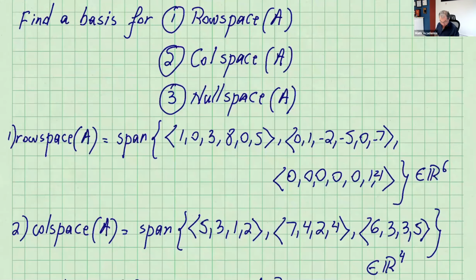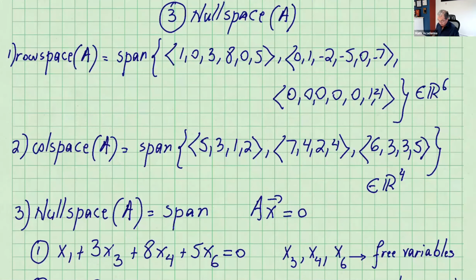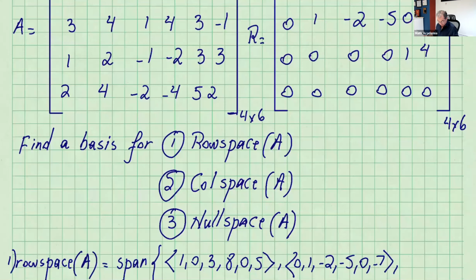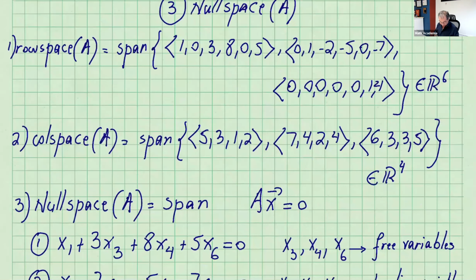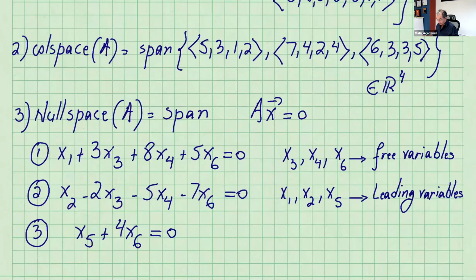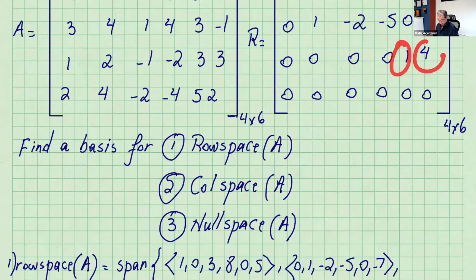Then we have our second equation, x2 minus 2x3 minus 5x4 minus 7x6 equals 0. And finally, we have x5 plus 4x6 equals 0.